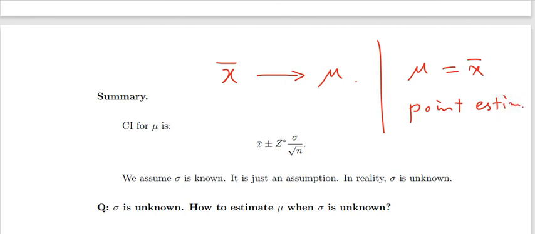But with this point estimation, people feel not so happy. We only know our class average, and another class's average cannot be exactly equal to our class average, right?